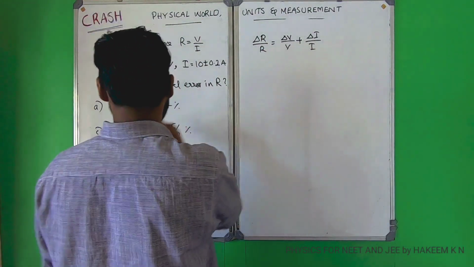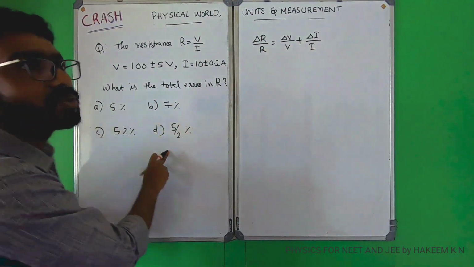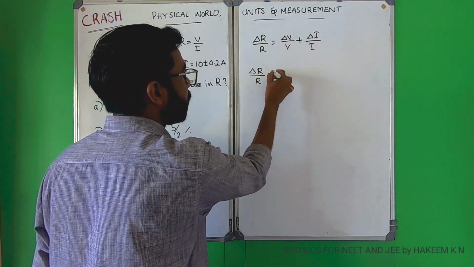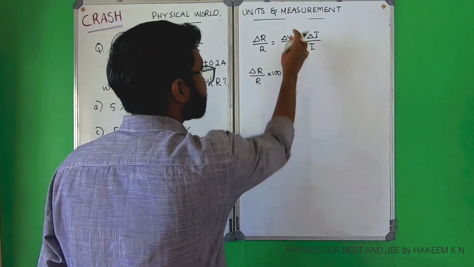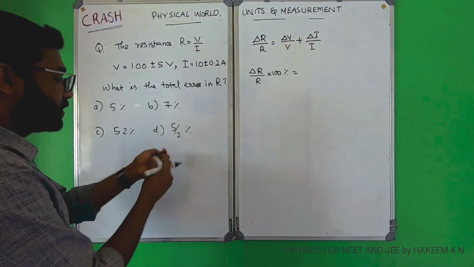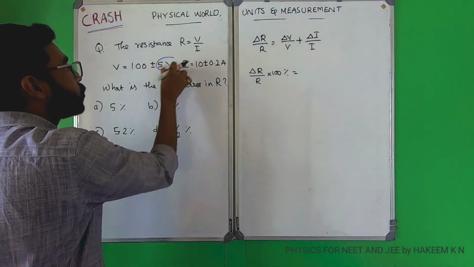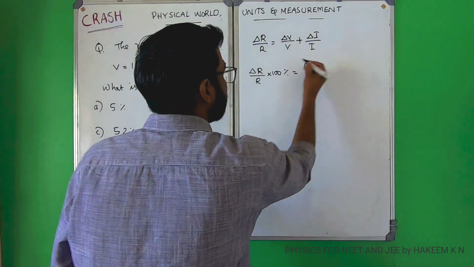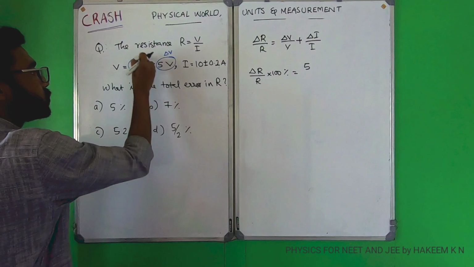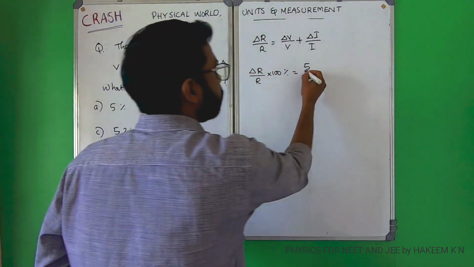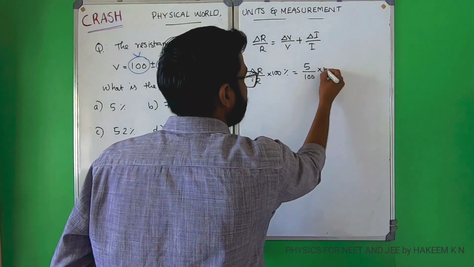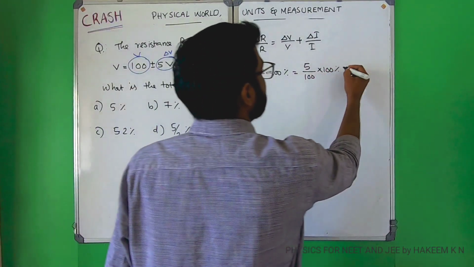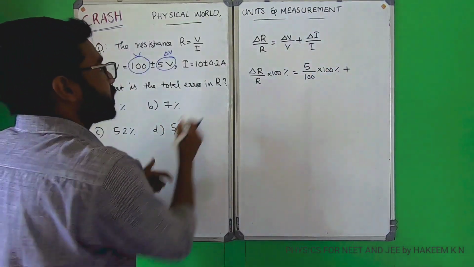Okay. Percentage change is given in question, so we have to multiply with 100. Delta R by R into 100% means delta V by V. What is delta V? Delta V is the error in voltage. This is delta V, 5 by, what is original value? This is V, 100. 5 by 100 into 100. We are taking percentage change, so we have to multiply with 100. Plus, what is delta I?